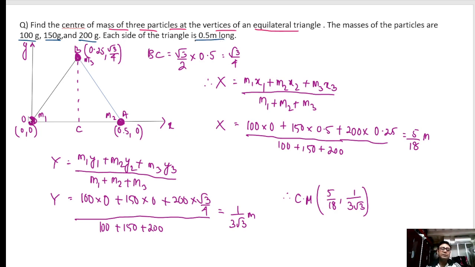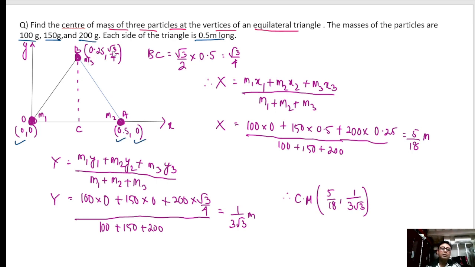So this is the equilateral triangle, as you can see, and we have to place the triangle in such a way so that we can estimate the coordinates of the vertices. So let one vertex be at the origin, so it is 0, 0. One vertex at the x-axis, and you know that the length of the side is given 0.5, so this will be 0.5 comma 0.